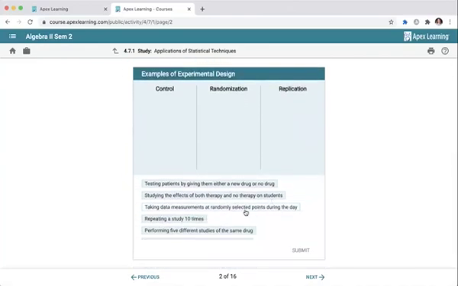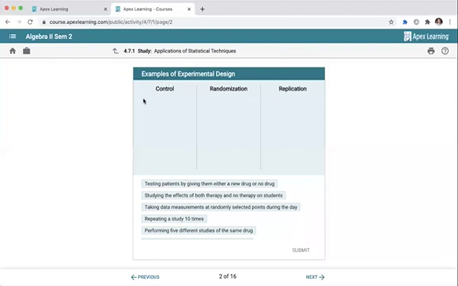So we have those 3 parameters: control, randomization, and replication. They all have their own purpose and reasoning. Control means we need to make sure that it's only the testing group that has the results. So you need somebody who is not the testing group also to take part, so that you can collect their negative results.